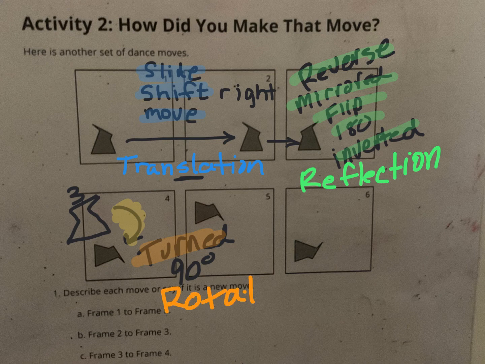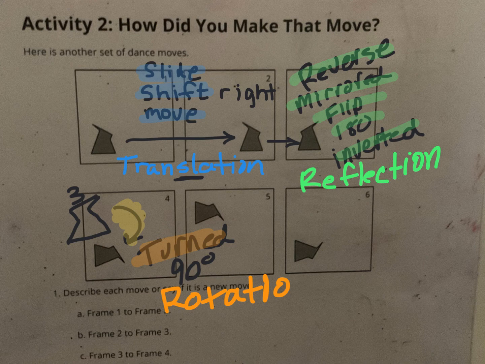So these, friends, are our 3 vocab words that we have now learned, the quote-unquote big kid way of saying, instead of saying something slid over, we're going to say it was a translation. Instead of it flipping or mirroring, even though those are not wrong, in geometry class specifically, we call it a reflection. And last but not least, instead of saying that it turned, we say that it's a rotation.